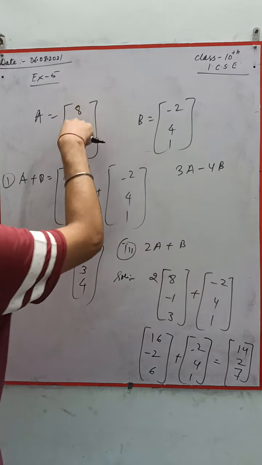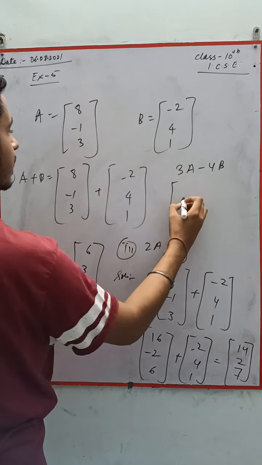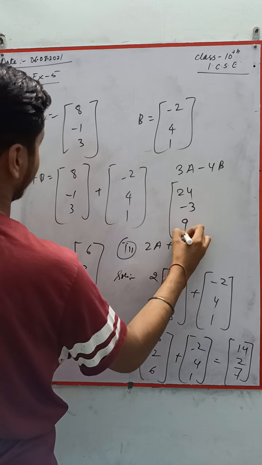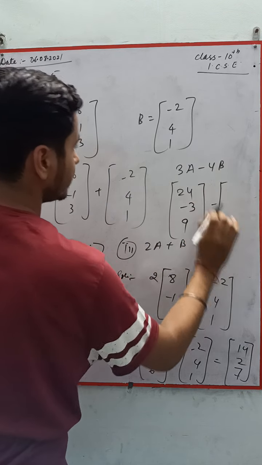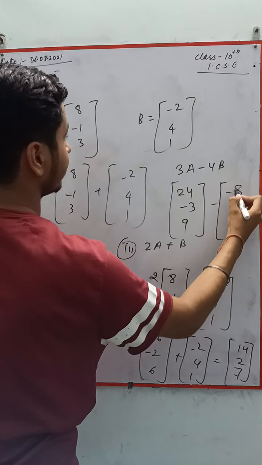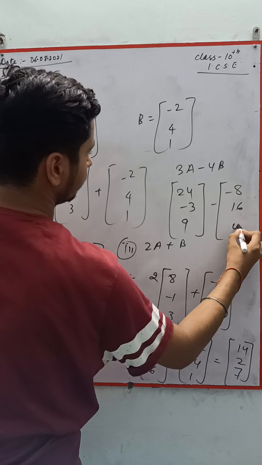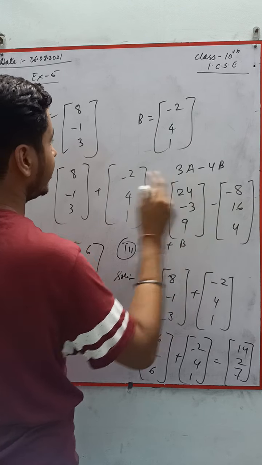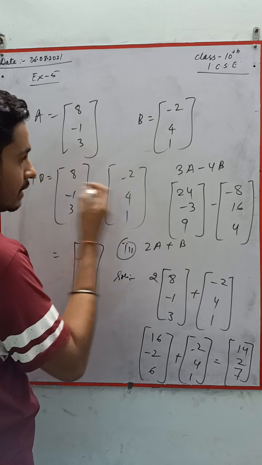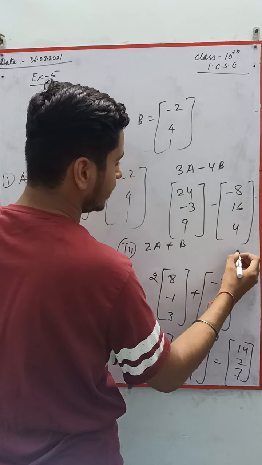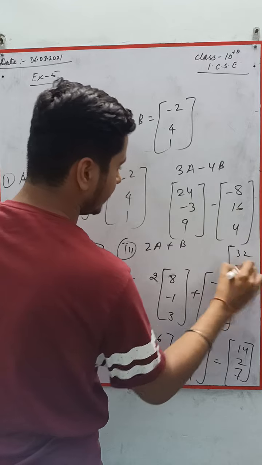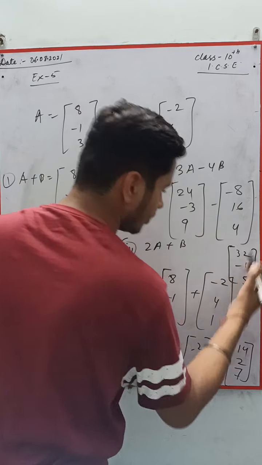If you multiply 3 with all, 3 eights are 24, then minus 3, 3 threes are 9, minus 4 multiplied, so minus 8, 4 fours are 16, minus, so 24 minus 8, so it will be plus, 24 plus 8, 32. Then 3 minus 16, so minus 19, 9 minus 4, 5. So this is the answer.